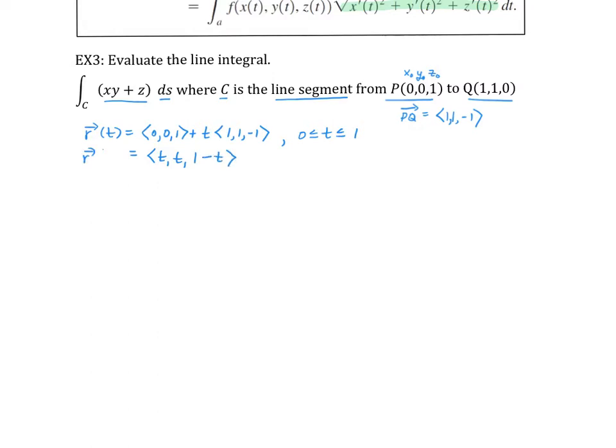That would be a better way for me to write my curve because it's easier for me to identify the x, the y, the z, and it's also easier for me to compute the derivative and find its magnitude. So the vector derivative is going to be 1, 1, negative 1. And the magnitude would be the square root of 1 plus 1 plus 1, or the square root of 3.